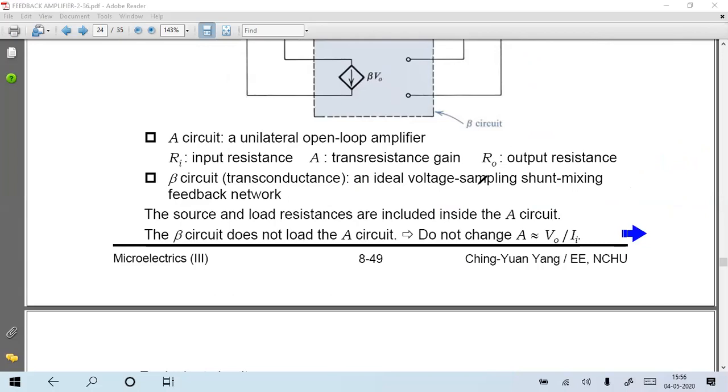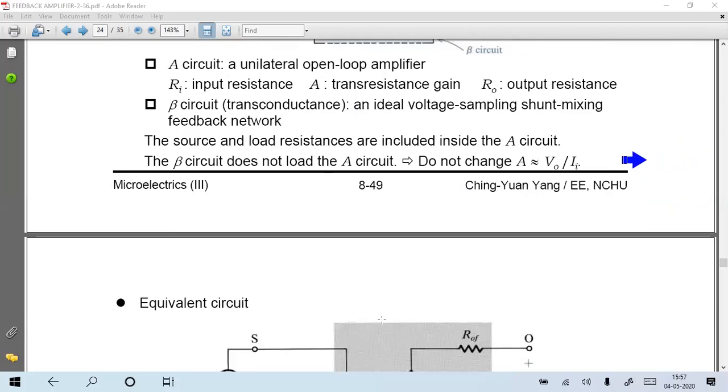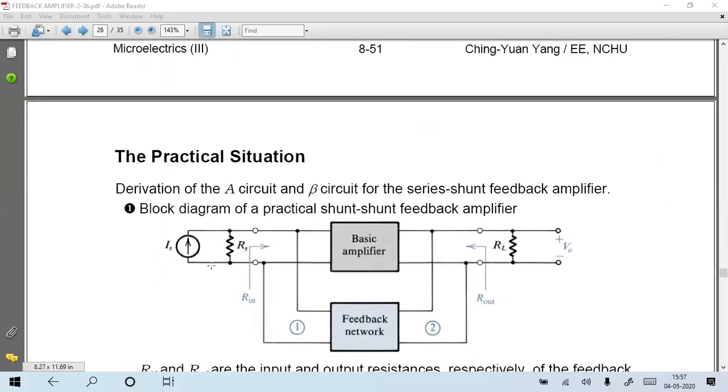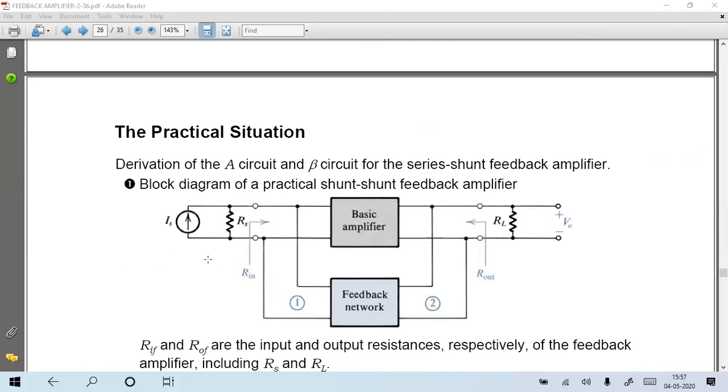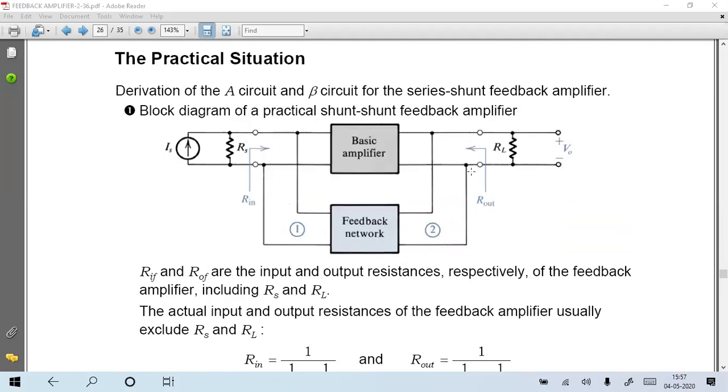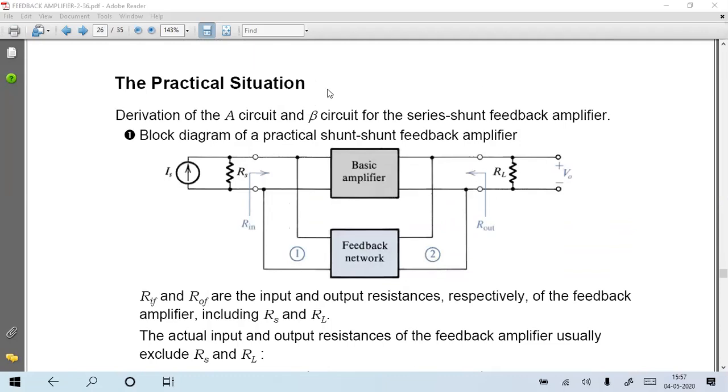Practical means two resistances we will add, that's it. One is the load resistance, one more is the input resistance. Same way only, in the practical case RS is connected. Rin is in parallel nature. This is also in shunt, right?